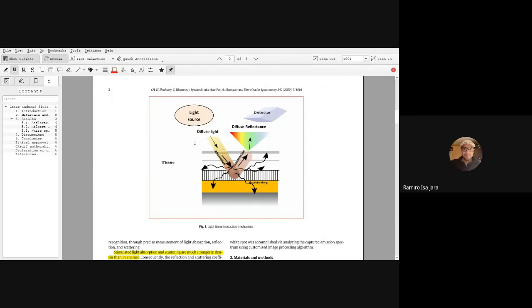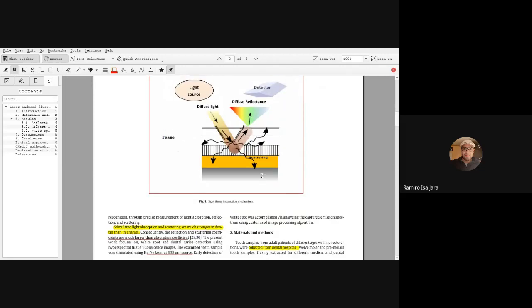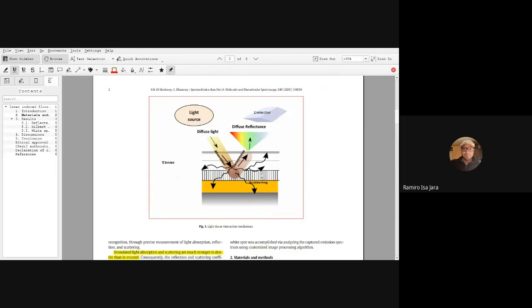of caries. In this image, the authors present the influence of the light source on the tissue. In this case, for example, absorption and transmission are detected through diffuse reflectance.